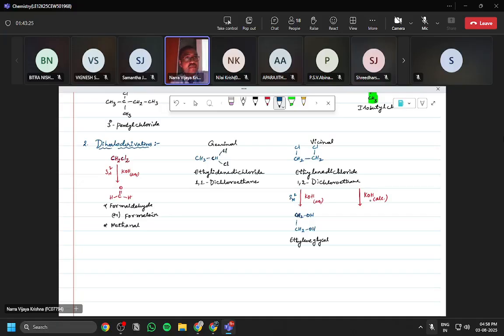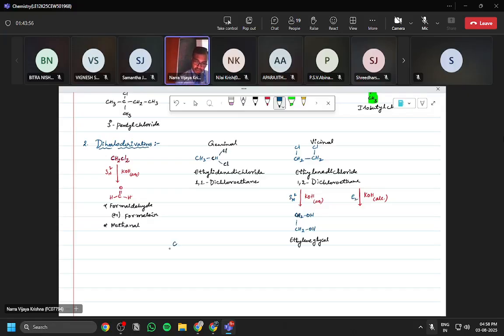And here, vinyl chloride. The elimination of HCl. Alcoholic KOH is a good base. First, a good base, what will it do? It will go and pull H plus out. If it pulls H plus, you will get an anion. Then that bond shifts here, Cl minus goes out. So the reaction proceeds via the E2 mechanism.